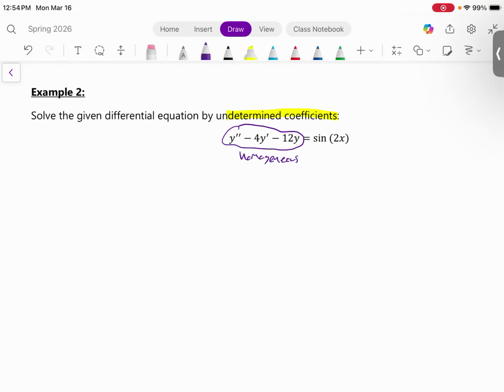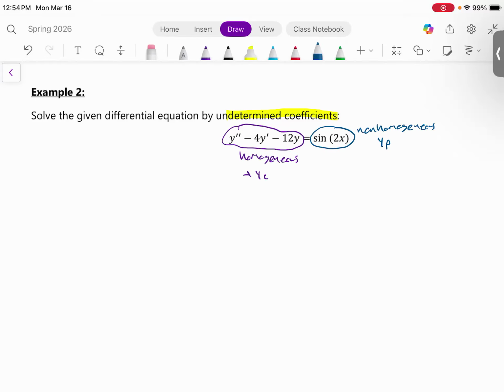And from this homogeneous component, we get a complementary solution, y sub c. And this sine 2x on the right-hand side is our non-homogeneous component. And from this sine 2x, we were able to get our particular solution, y sub p.